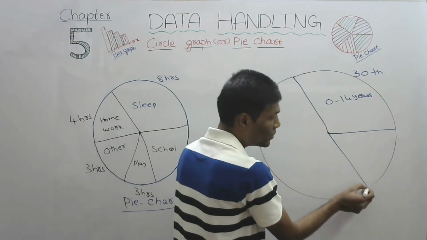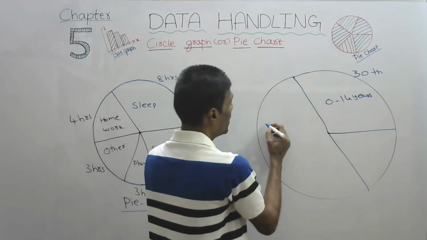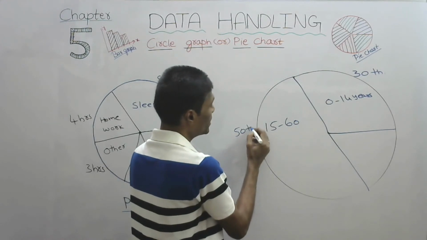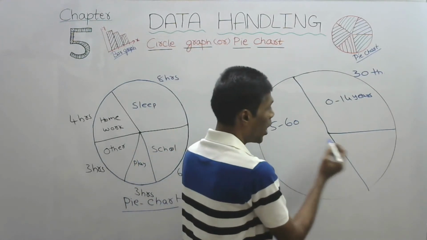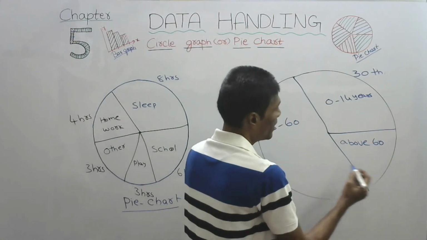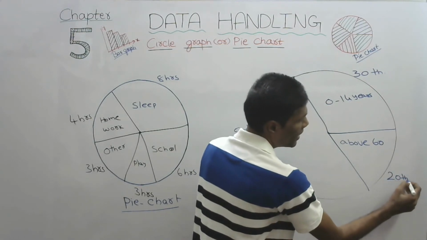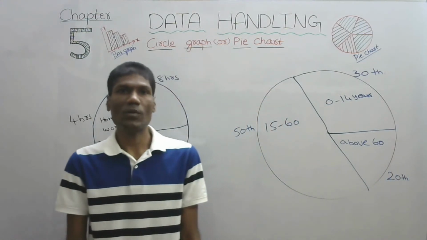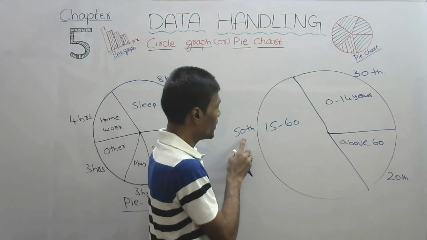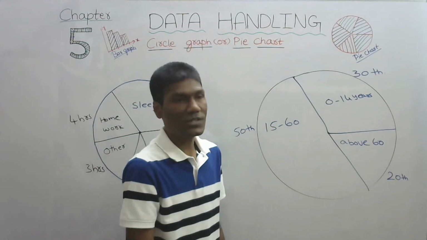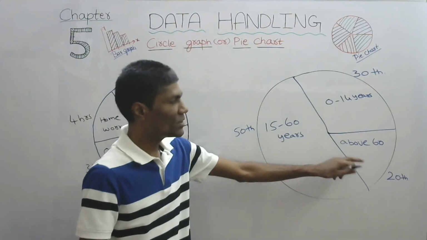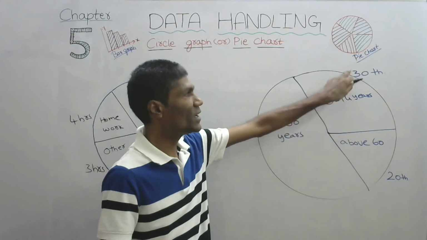Next, 15 to 60 years are around 50,000. Then above 60 are 20,000. Totally 1 lakh people are in the town. In 1 lakh, 50,000 people are between 15 and 60 years, above 60 are 20,000, and 0 to 14 years are 30,000.